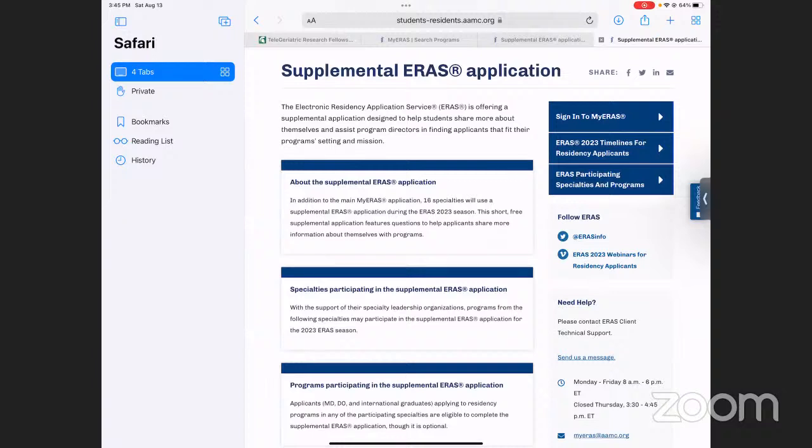It has 5 things which you have to fill. One is for geographical specifications if you have any. Second, if you want to signal some programs, then you'll have more chance that they'll see your CV. And there is a place where you share your experiences, other than what you have already shared in your CV and your personal statement. So this is an additional thing to your usual application.